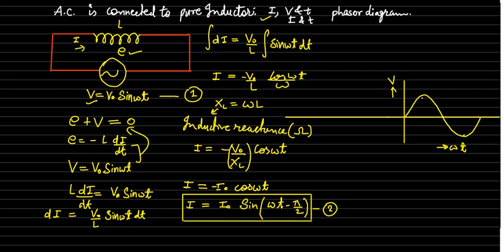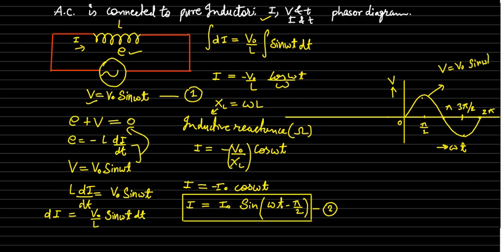At 0 it is 0, at pi by 2 its value is maximum, at pi it is 0, at 3 pi by 2 the value is negative in the opposite direction, and at 2 pi it is 0. So this is the graph for V equals V naught sin omega t.